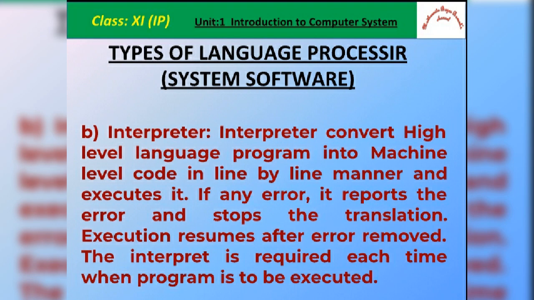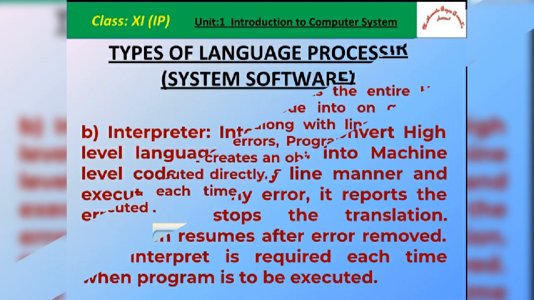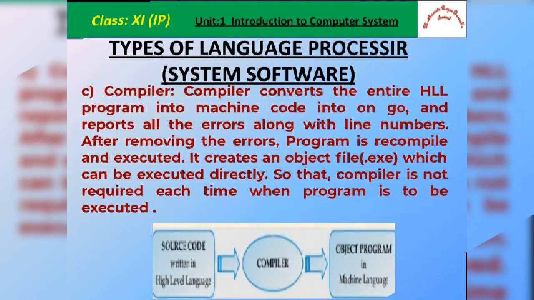And the next is the compiler. The compiler converts the entire high level language program into machine code in one go. Means the interpreter will work line by line, but the compiler will convert all together and report the errors. If any error is there, it will show the line number.